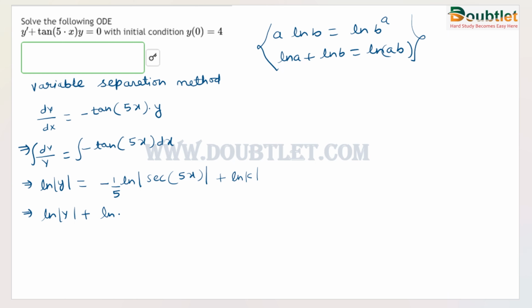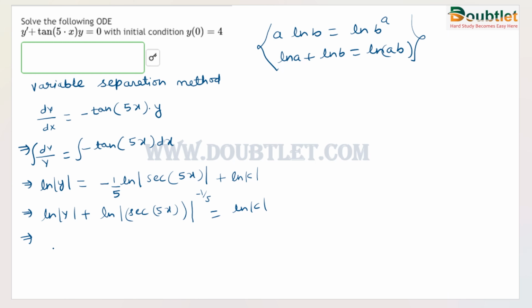So we can write this as ln|sec 5x| to the power minus 1/5 is equal to ln|c|.